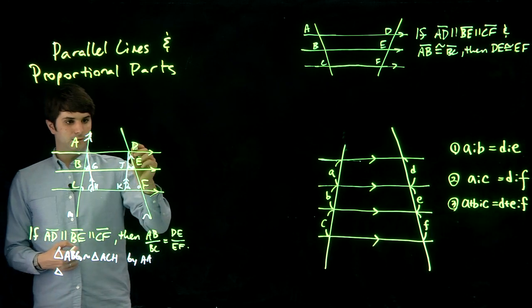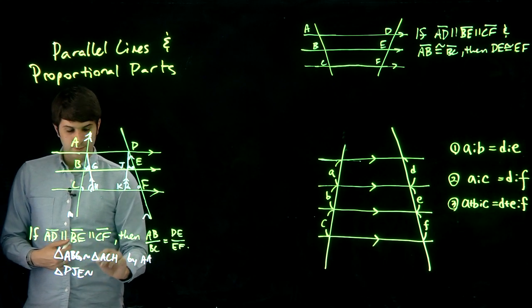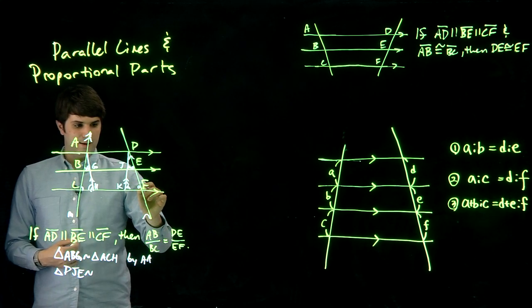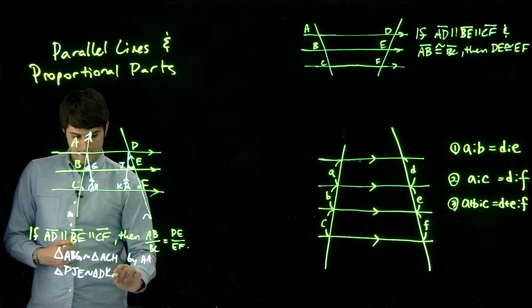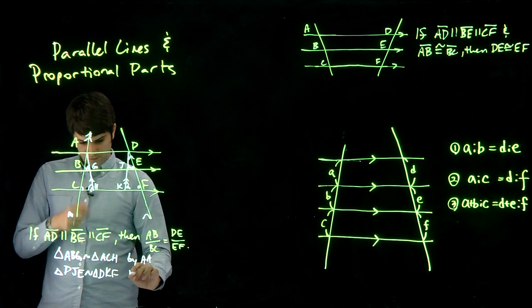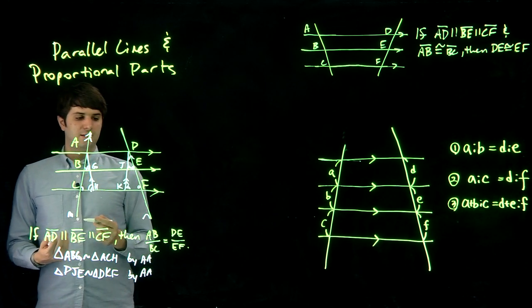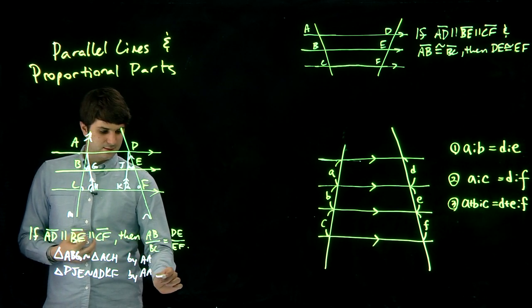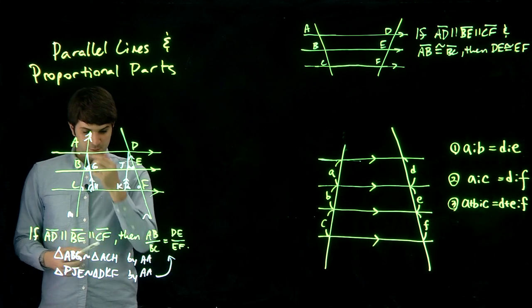Triangle DJE is similar to triangle DKF, so by similar arguments, AA. Now, this leads to this conclusion by the definition of similar triangles.